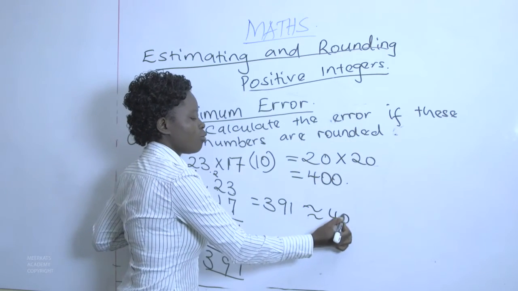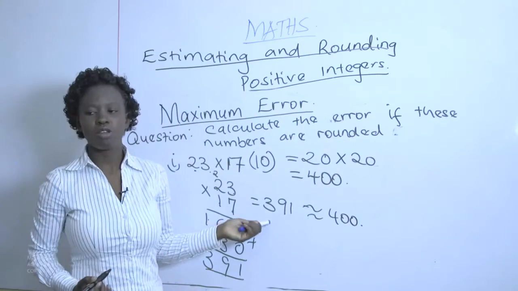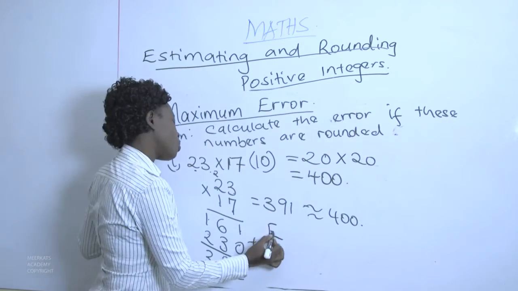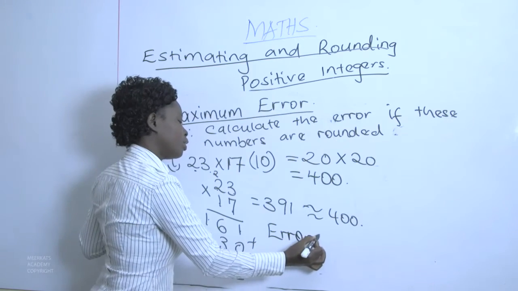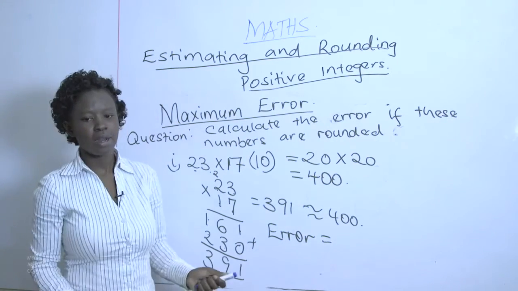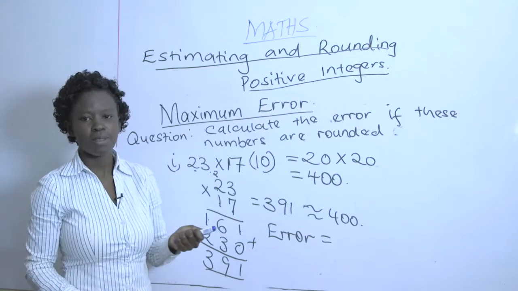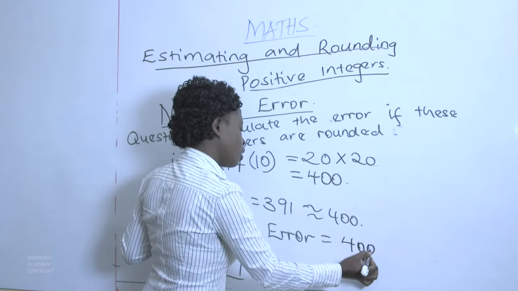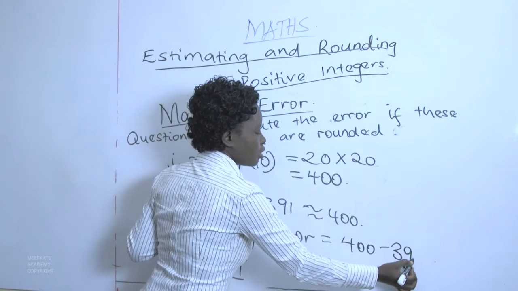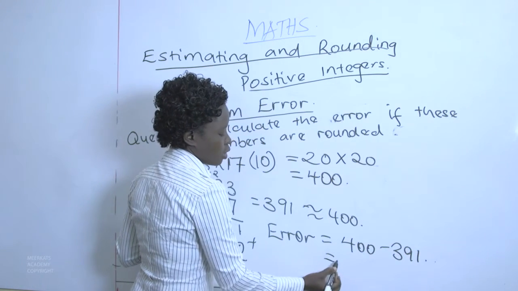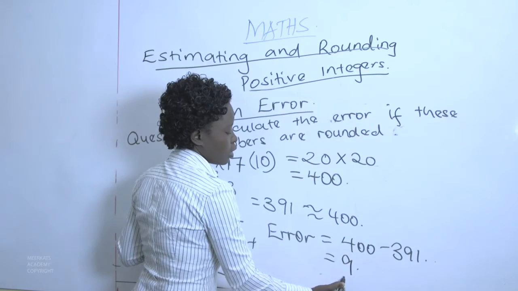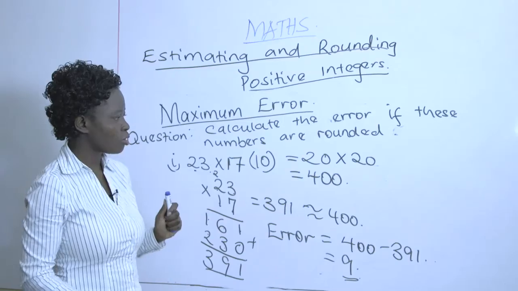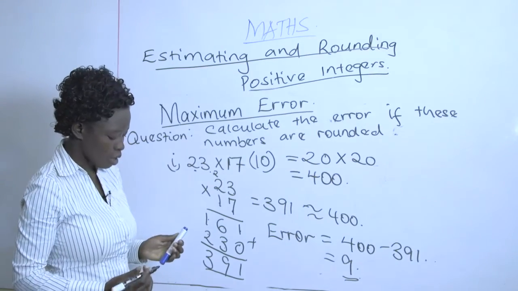So the approximated figure is 400, the original figure is 391. So what is the error in this case? How do we get the error? The error is simply obtained by the difference between the two of them. So we have 400 minus 391, and 400 minus 391 is simply 9. There is something that we need to note in the process of working out the two sums.